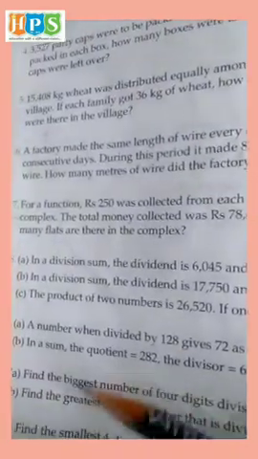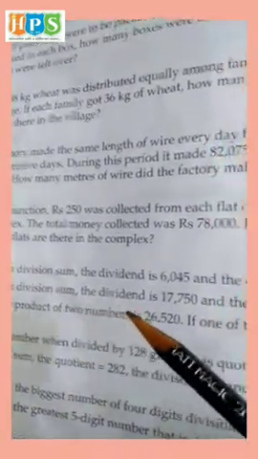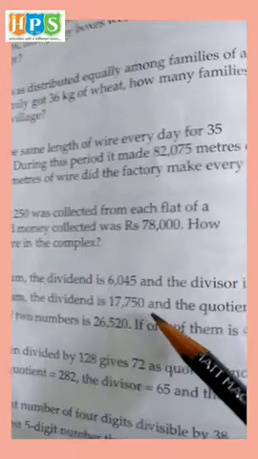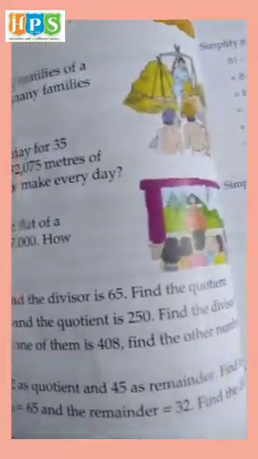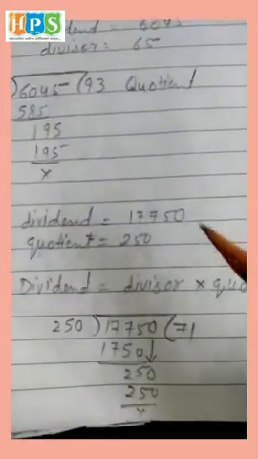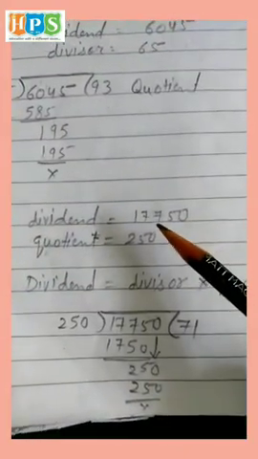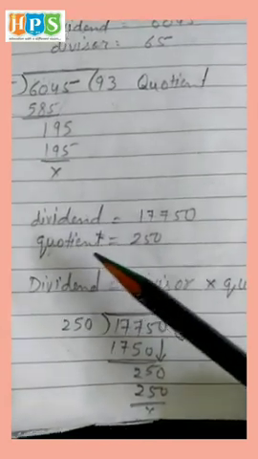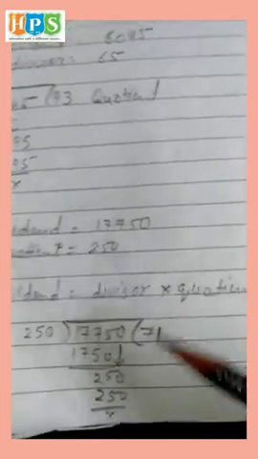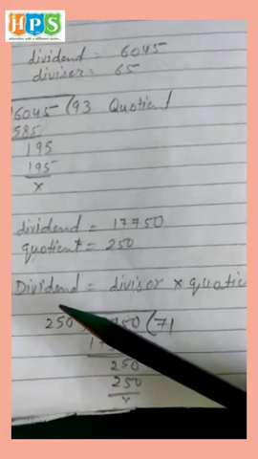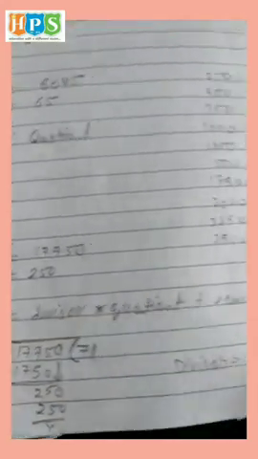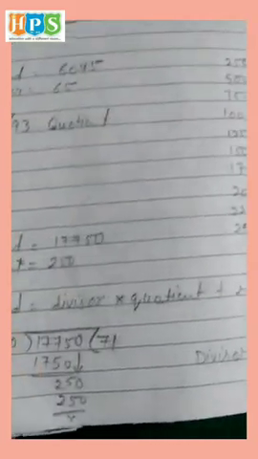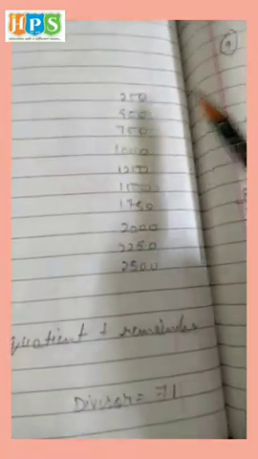Question number B. In a division sum, the dividend is 17,750 and the quotient is 250. Find the divisor. Dividend 17,750, quotient 250. Dividend is equal to divisor multiply quotient plus remainder. So we need the table of 250.